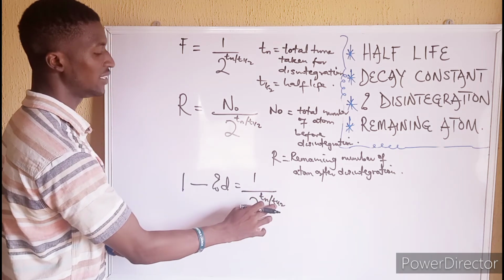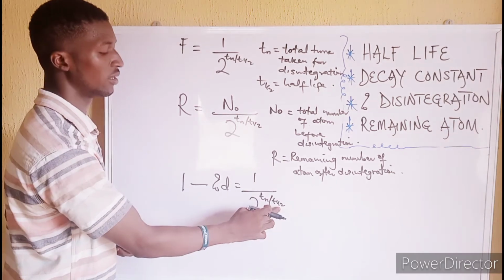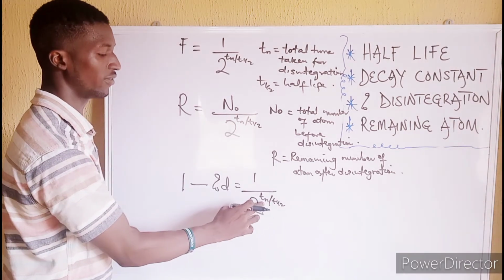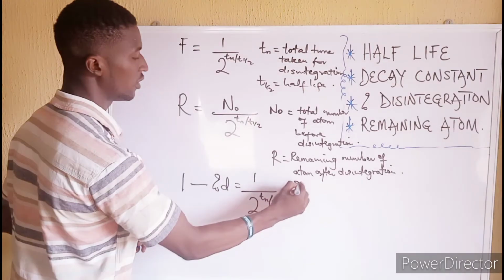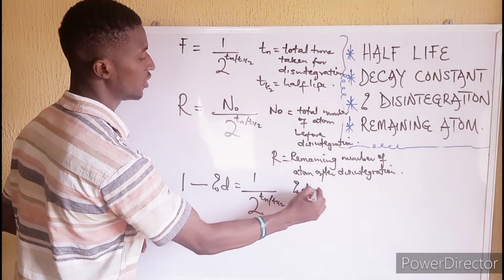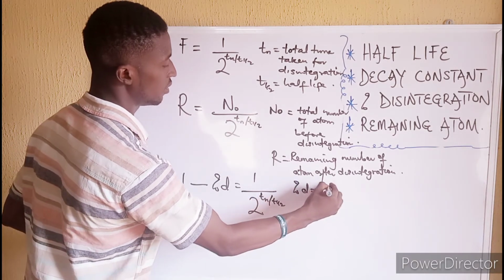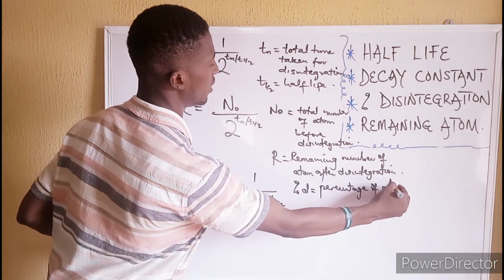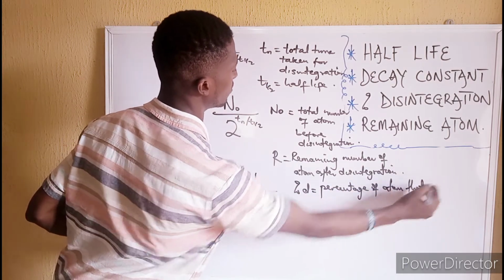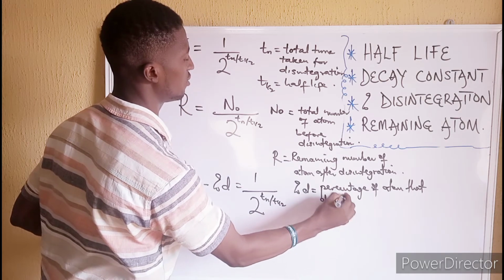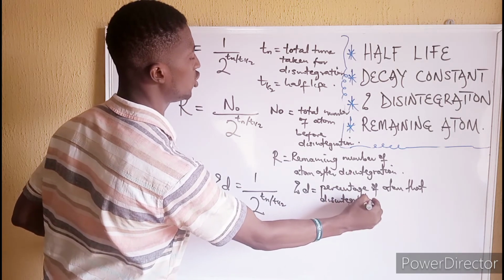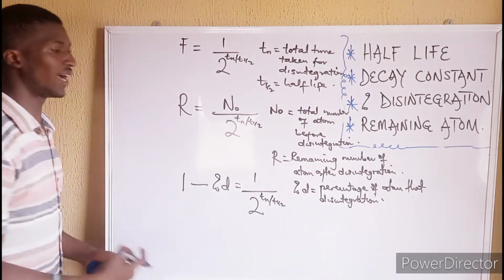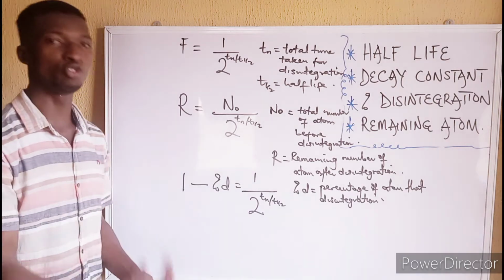Don't forget, this T subscript half is representing half-life. So this percentage D is the percentage that disintegrated. This is the percentage of the atom that disintegrated. With respect to your question you are answering, you can determine which of the formula to use.